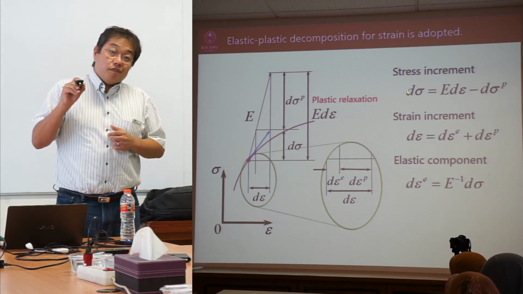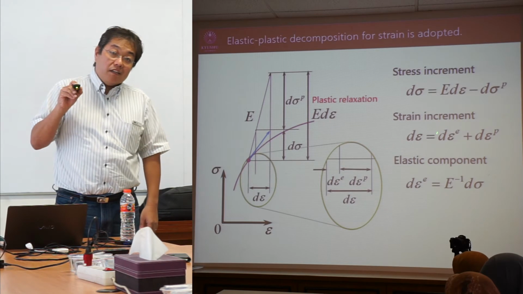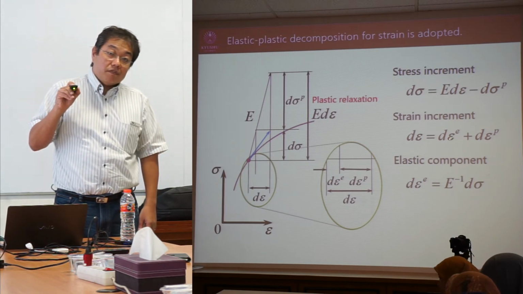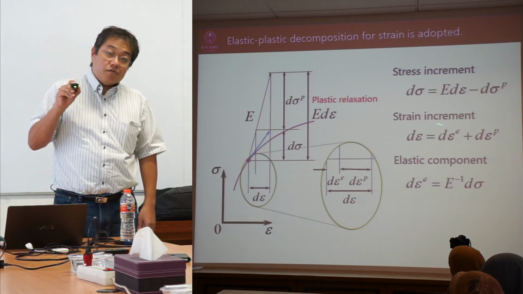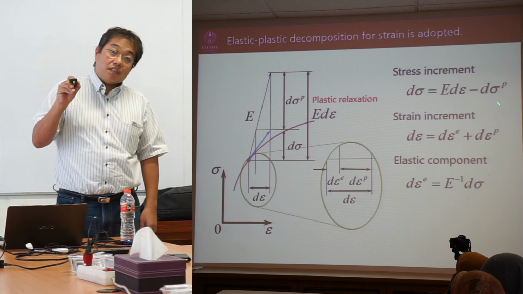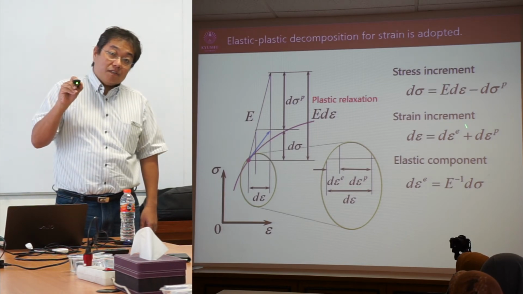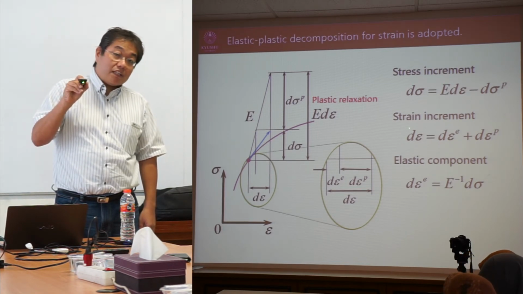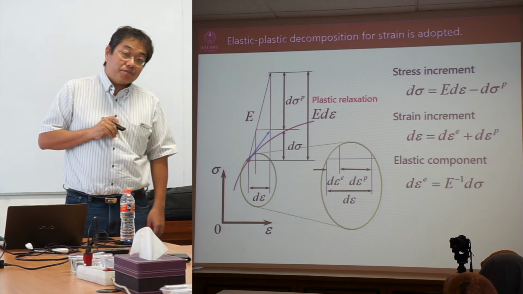Now we apply it: d epsilon e equals d epsilon minus d epsilon p. So this is moved to the left-hand side and moved here.